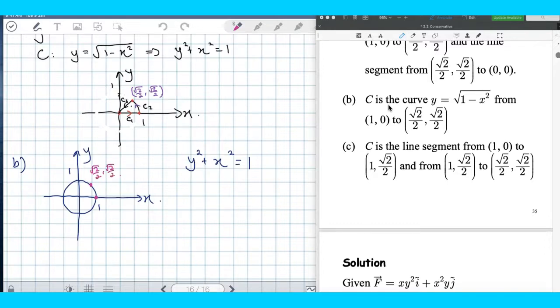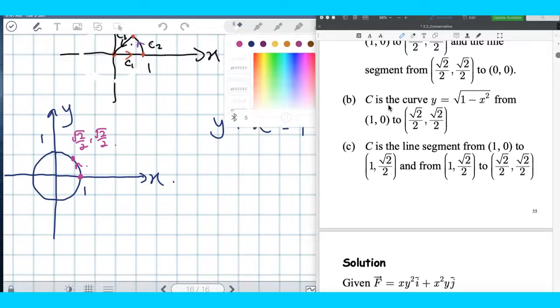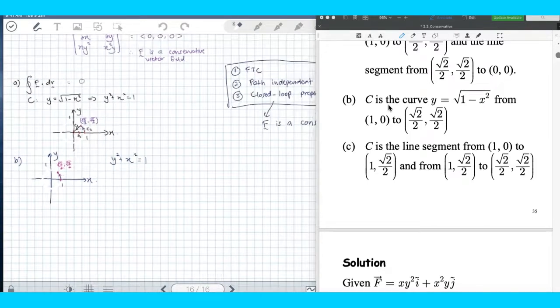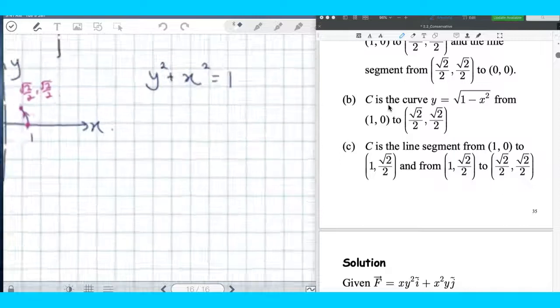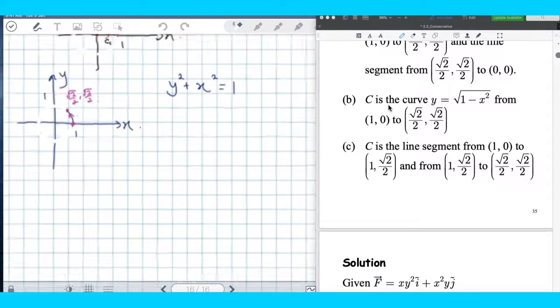So you have an open curve. Okay, only that one. So in this case, I have to erase this one. So this is not part of the curve. So only this. Okay, so it looks like since f is a conservative vector field, we can apply the fundamental theorem for line integral, or fundamental theorem of calculus.